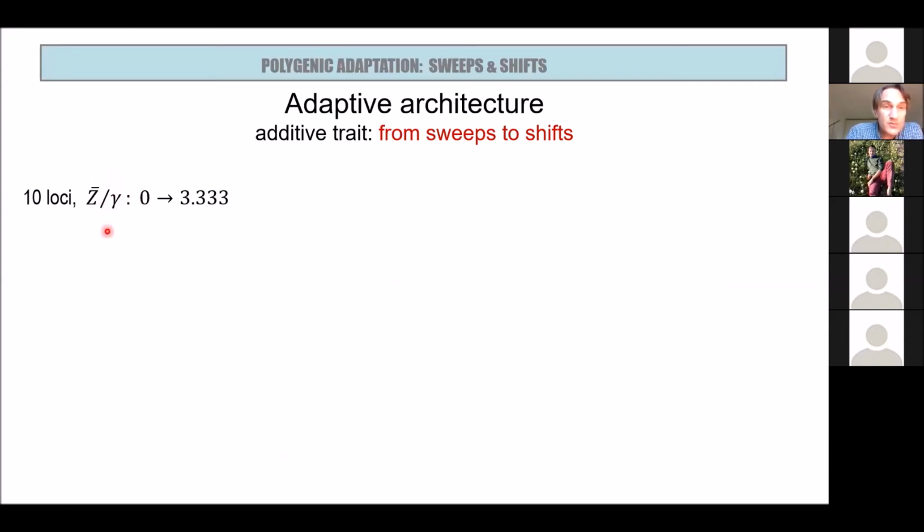We change the optimum from an initial optimum of 0 to a new optimum that is 3.333 in units of a single locus effect. So we change the optimum from 0 to 3.333 locus effects. How can we accomplish something like that?